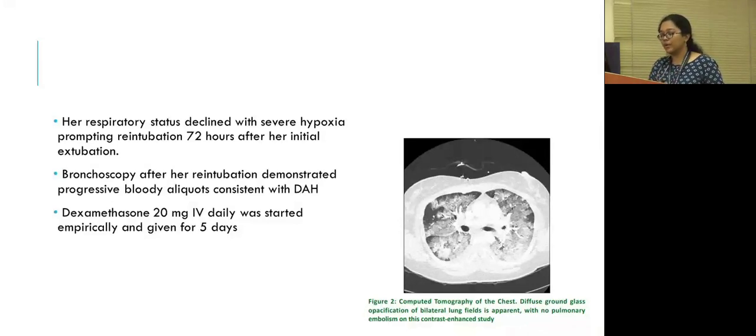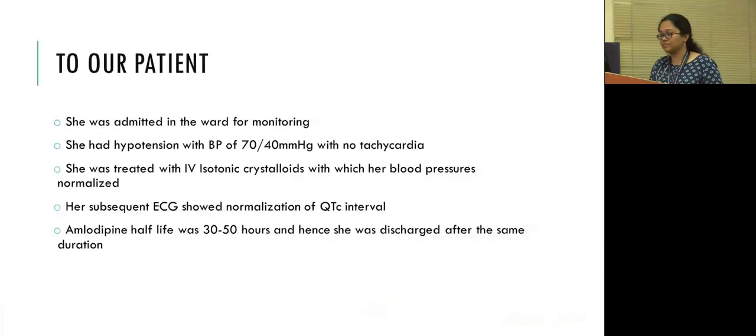Bronchoscopy showed multiple features suggestive of diffuse alveolar hemorrhage, for which she was treated with dexamethasone 20 mg IV, and she recovered. She was extubated, and after 2 weeks repeat imaging was normal.